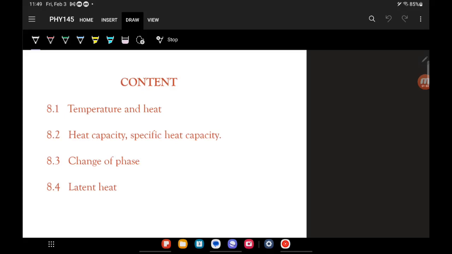Through this change of phase that I mentioned just now, the energy being used to change phase from solid to liquid is what we call latent heat. So the amount of energy required for one material to change phase from solid to liquid, or liquid to vapor or steam, is what we call the latent heat.